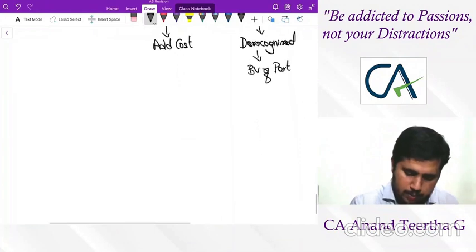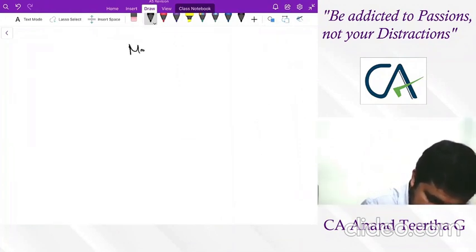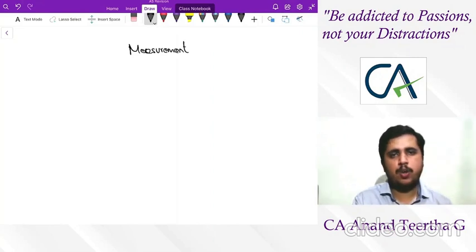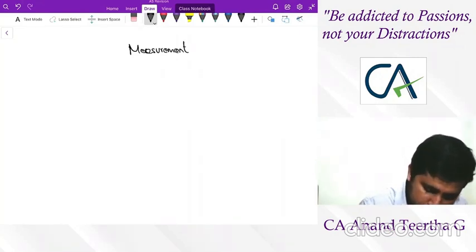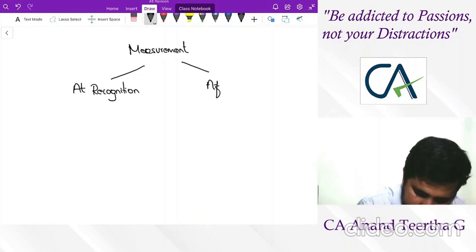Now, let's move towards the next part of the standard where the measurement aspect comes into the picture. How do we measure the values involved in property, plant and equipment? First, either it will be at recognition, which is your initial recognition part, or after recognition, which is the subsequent part.